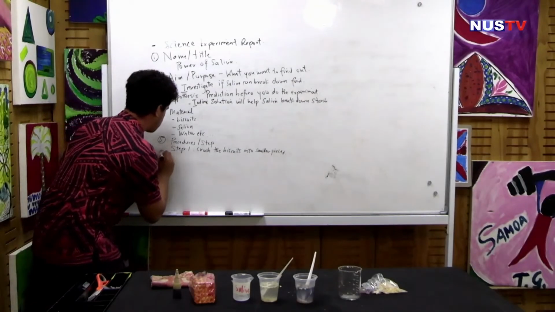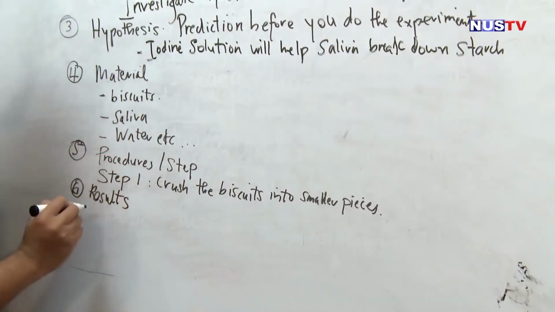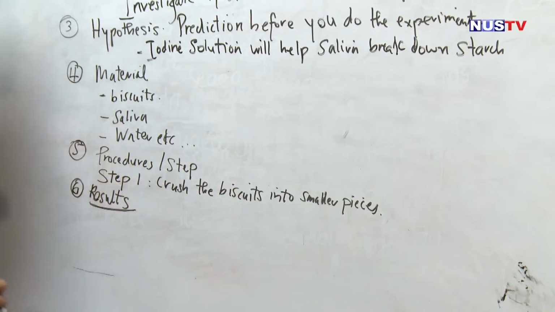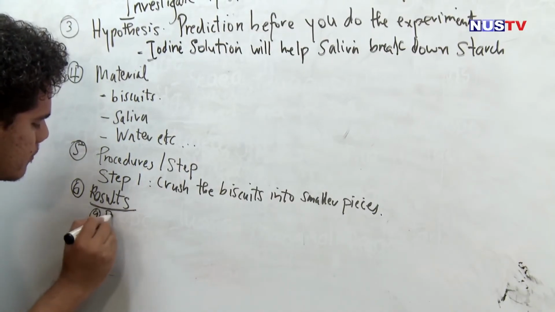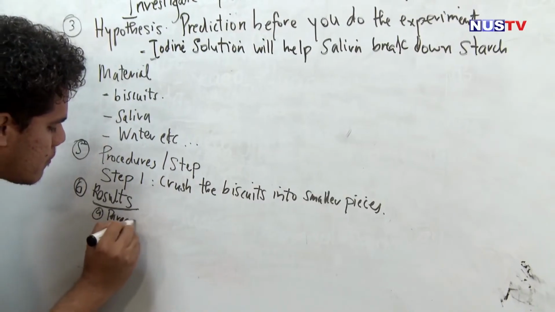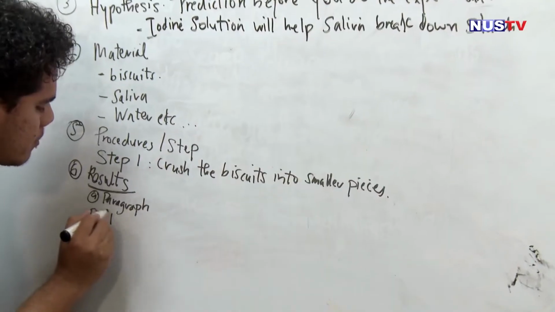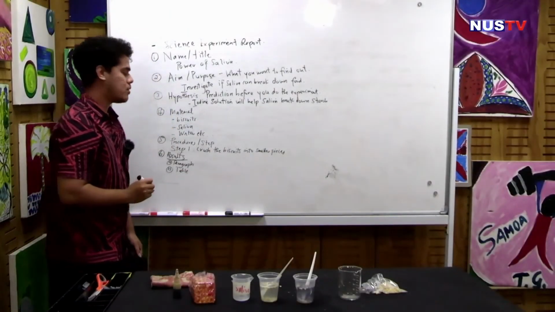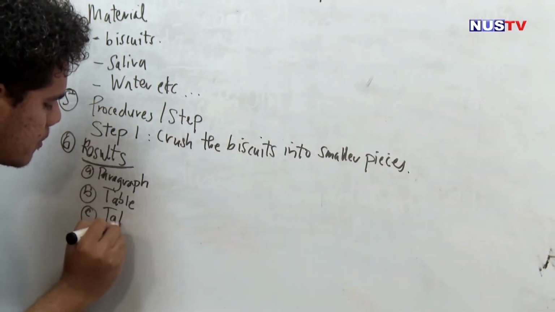After procedures, we will have our results. So that's number 6. You have options to write your results. A, you can write it in a paragraph explaining what has happened, or you can put it in a table to organize your findings, or you can take pictures.